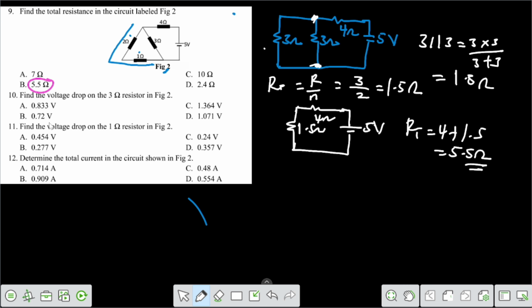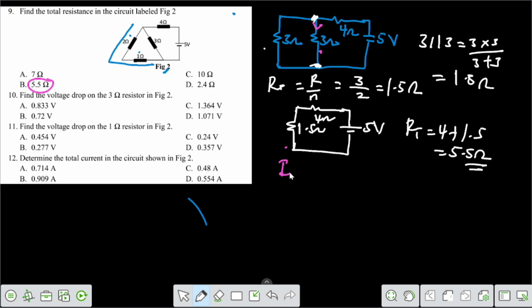Now the next question says that we should find the voltage drop on the 3 ohms resistance, which is the voltage drop at this point. How do we go about that? Anytime we want to find the voltage, we multiply the current by the resistance. So first we find the total current in the circuit.